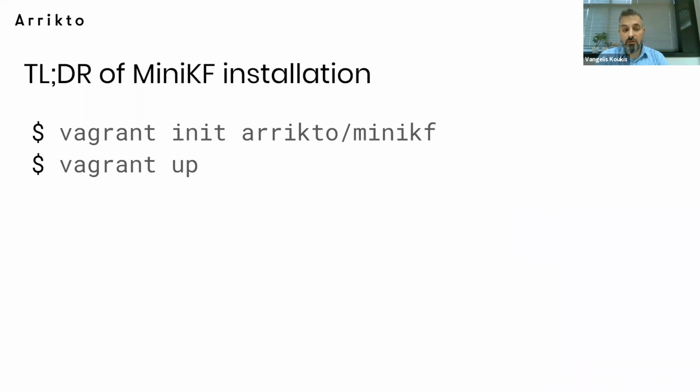What you just saw, installing Mini Kubeflow, is essentially two commands. You need Vagrant and VirtualBox installed as prerequisites, and then you run a single Vagrant command to initialize our Mini Kubeflow box. A box is a way to run prepackaged software with Vagrant, and then you start the Mini Kubeflow VM and go through the provisioning script as I just demoed.